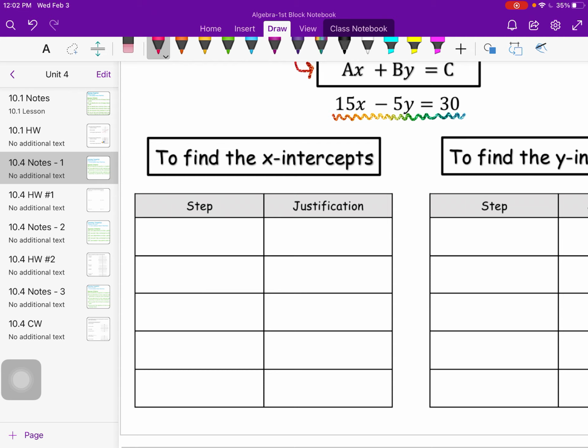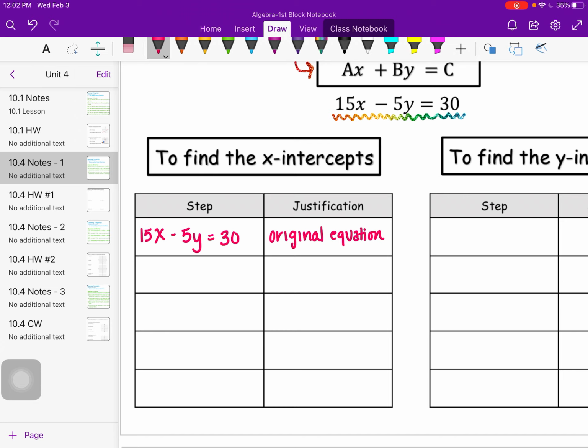We're going to start with just writing the original equation down, which is 15x minus 5y equals 30. And we're trying to find the x-intercept.